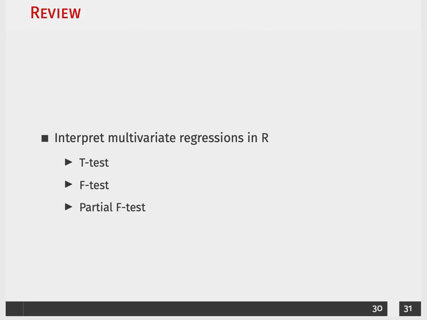And we also talked about partial F-tests, where we may be interested in whether or not a subset or group of variables has an impact on our outcome. Hopefully what became really clear throughout the entire process was that there are many different ways of doing the exact same thing, and it's not necessarily a bad idea to double check your work with one or the other.